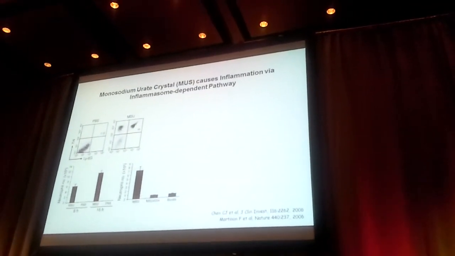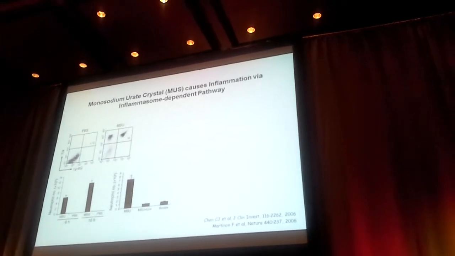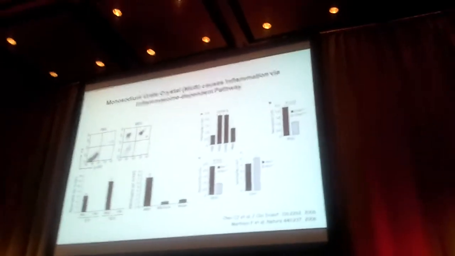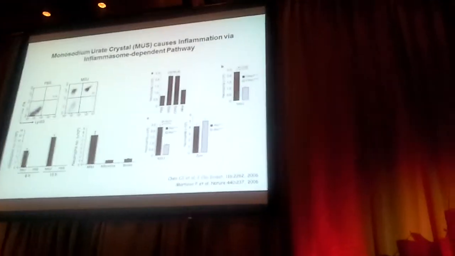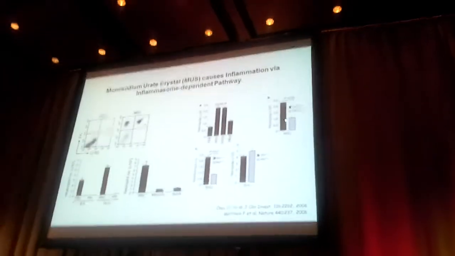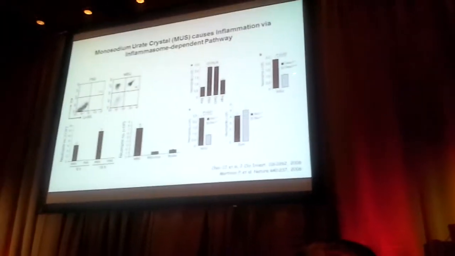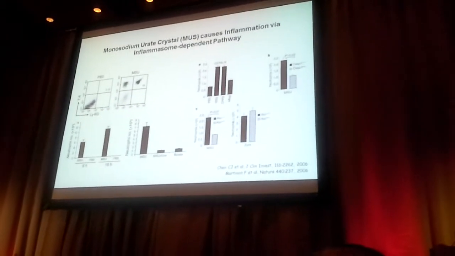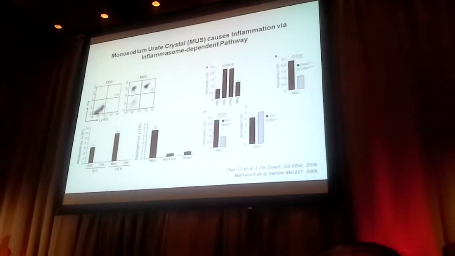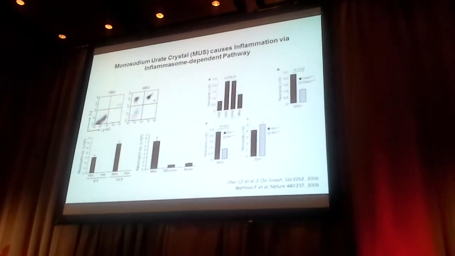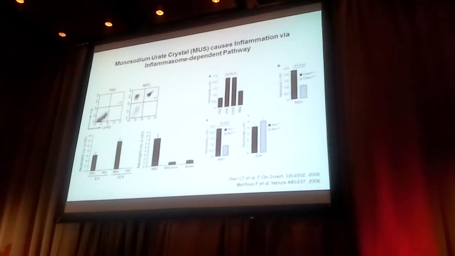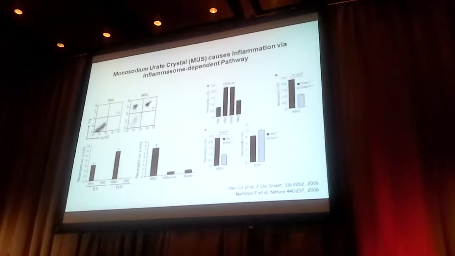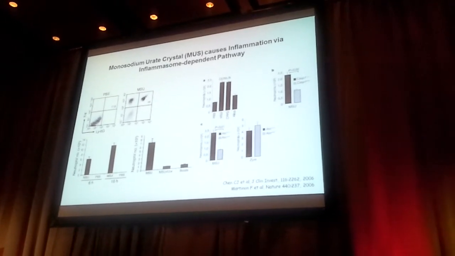And this monosodium urate crystal was the first to induce NLRP3 inflammasome activation. You can see here that the monosodium urate crystal-induced neutrophil influx is much decreased in caspase knockout and ASC knockout mice. And there are many papers on monosodium urate crystal-induced inflammasome activation. Actually, monosodium urate is used as a positive control in inflammasome-related experiments.